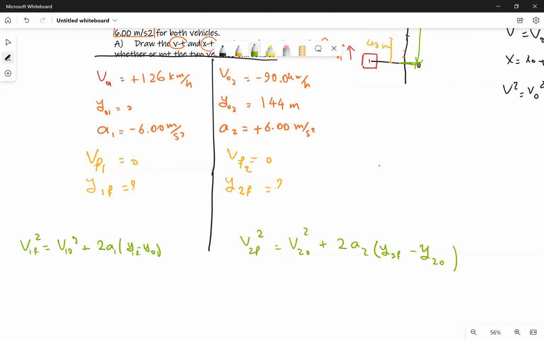Let's have this be Y20 and this be Y10 to be consistent.